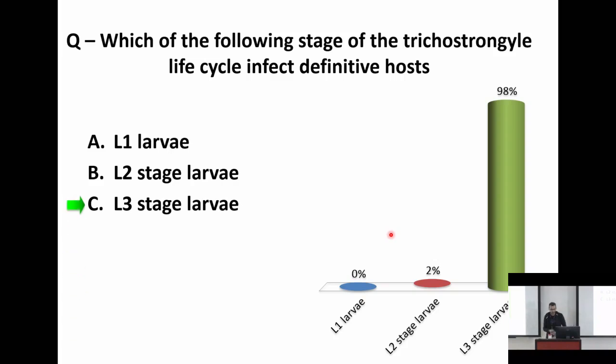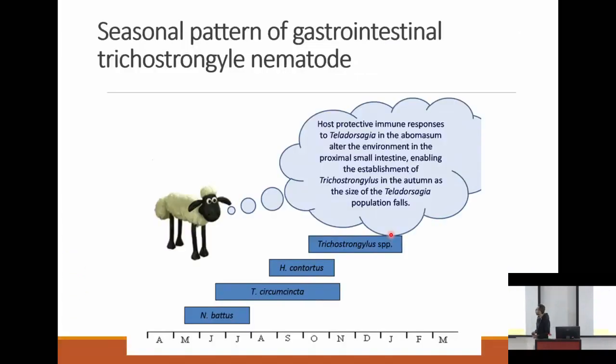Okay, L3 stage larvae. Now, the seasonal pattern of the gastrointestinal Trichostrongyle nematodes. Let's say A is April and M is May. So this is all year around. We'll talk about the nematodes in more detail once we cover the intestinal Trichostrongyle parasites, and we'll discuss all of these species.